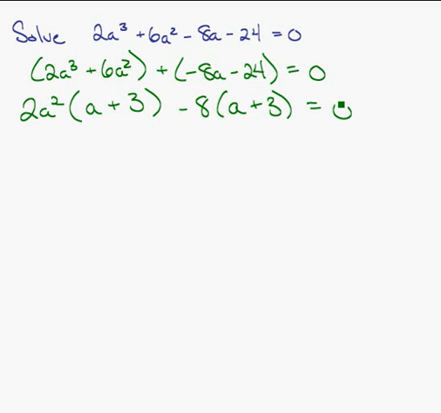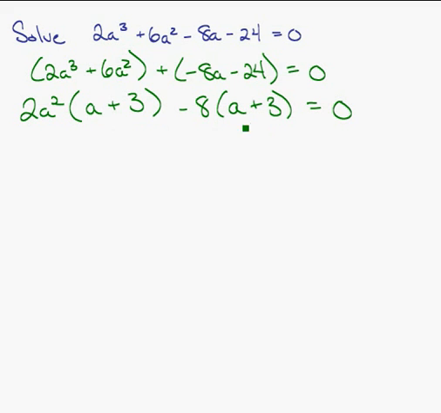Now what I have on the left side of the equal sign is two factors that are exactly the same. If these were not the same, then I would have to rearrange this problem. Perhaps I might have to rearrange these so I get a difference of squares situation, or maybe a perfect square situation. In this case, it all works out anyway.